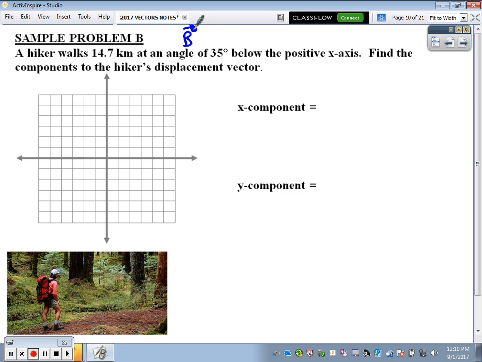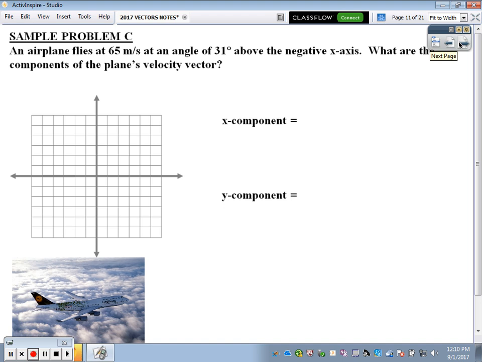Then for sample C, we'll do vector C with cx and cy. And then our 4th sample problem will be dx and dy. So I want us to take probably about 5 to 10 minutes, and I want you on your own to find what those components are going to be for those vectors. And we'll put them up on the board in a little bit.